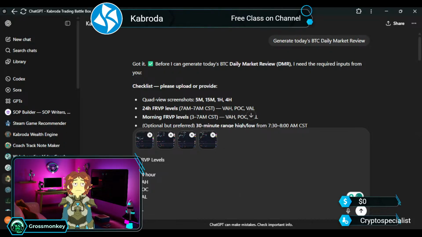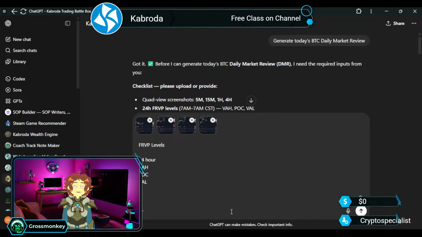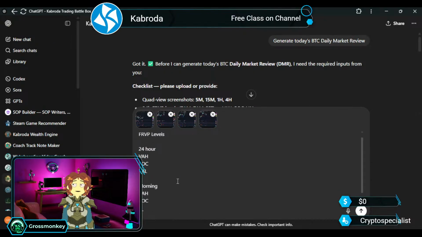I just type VAH, POC, and then VAL. And then we're going to go down 2 again and do warning, and then copy those 3 levels and paste them right under the warning thing that I wrote on there. And that'll be where I'll paste my levels once I get those.